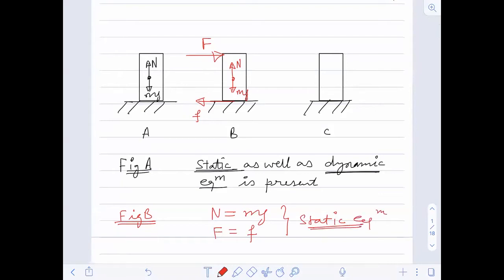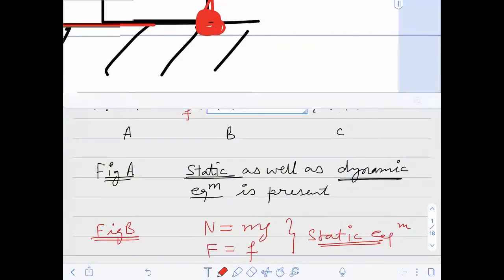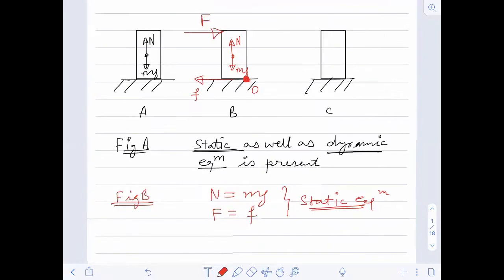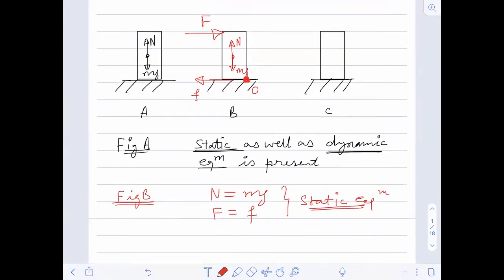Now suppose I take a point here, and I'm calling that point O. About point O, F is not going to give any torque, this small friction is not going to give any torque.